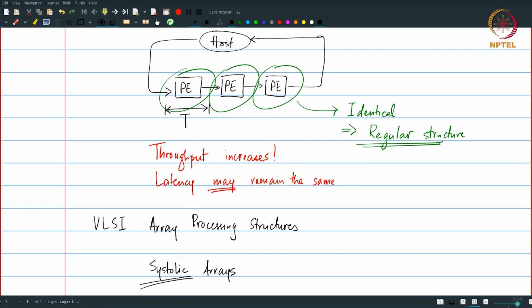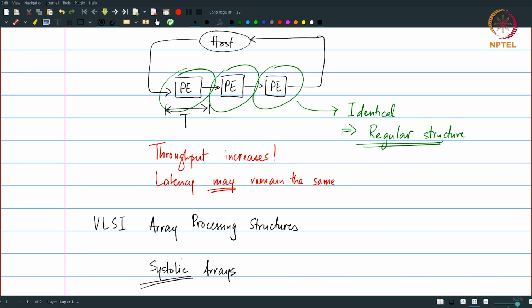On every tick of the clock, it pumps a new sample of data into the array of processing elements, which then propagates from one processing element to the other, and after a certain amount of computation, finally returns to the host. This analogy with the heart is useful in terms of just getting the basic description of the system across, but has no real purpose as far as the understanding or application of these kind of systems is concerned.